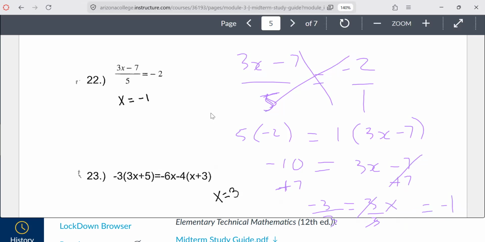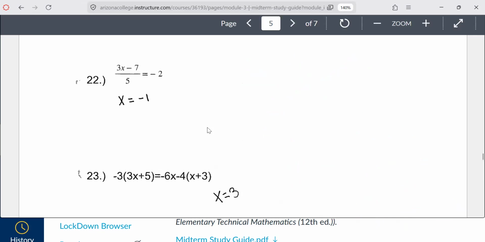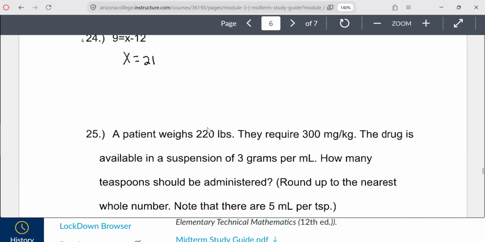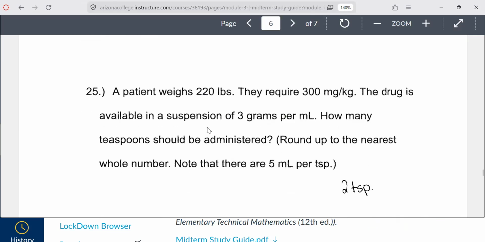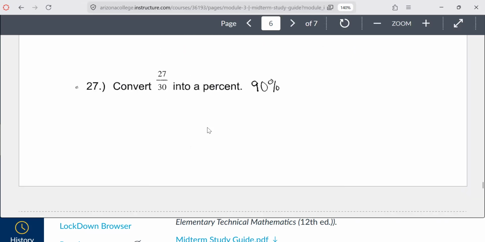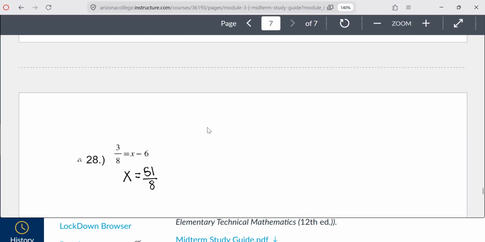It's negative 1. All right. For 23 also, I did a problem like that earlier, so I'm going to skip that. 24, I'm going to skip. And then I'm going to look at 25.